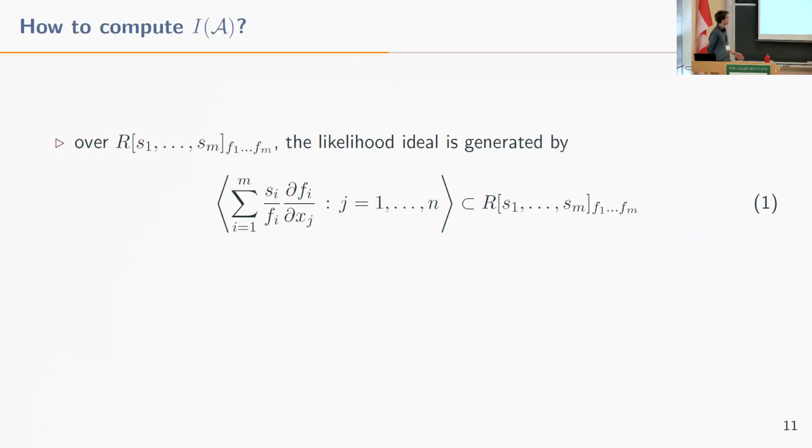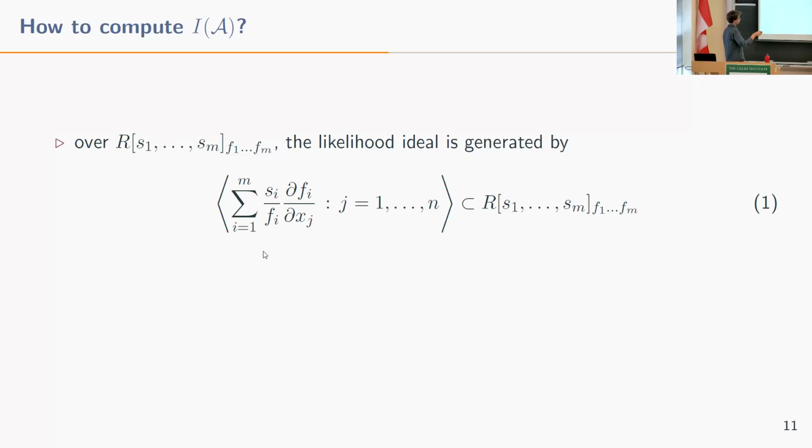And the question is, of course, now how to compute this likelihood ideal. If I localize my polynomial ring at all these polynomials fi, then the likelihood ideal is very easy to describe because you can just write down the critical equations.